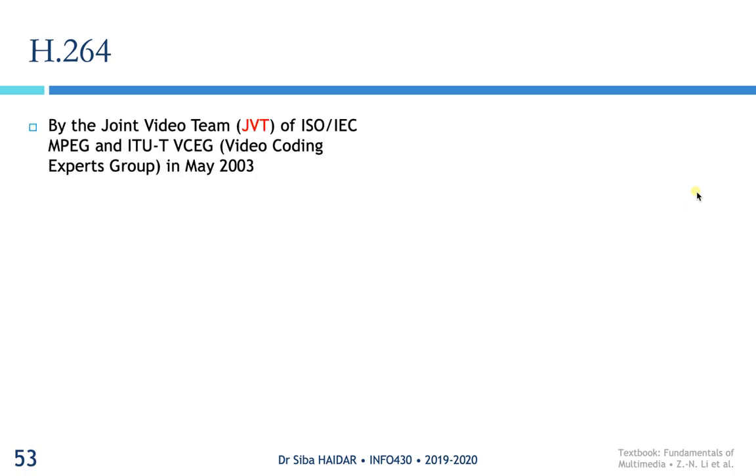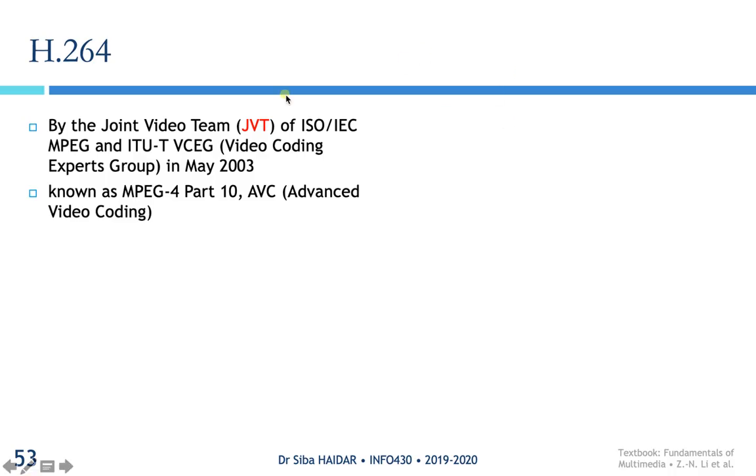The Joint Video Team, JVT, of ISO, IEC, MPEG, and ITU together, the Video Coding Experts Group, ITU-T VCEG, released H.264 in May 2003. It is also known as MPEG-4 Part 10, which refers to advanced video coding.